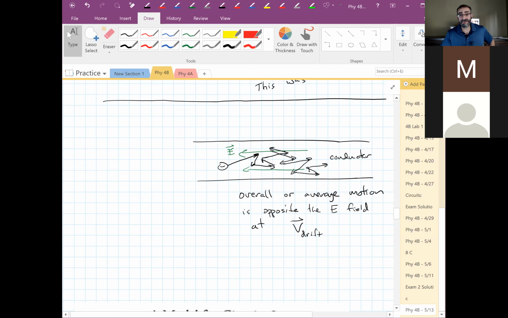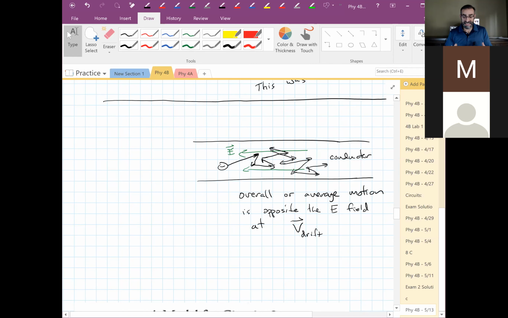It's like a hose. If a hose is empty and you turn the faucet on, it takes a long time before the water comes out the other end. But if the hose is full of water and you turn the faucet on, as soon as some water moves in, some water is pushed out the other end, right? Because the hose is already filled with water, it all starts moving at the same time. That's what happens with the wires.